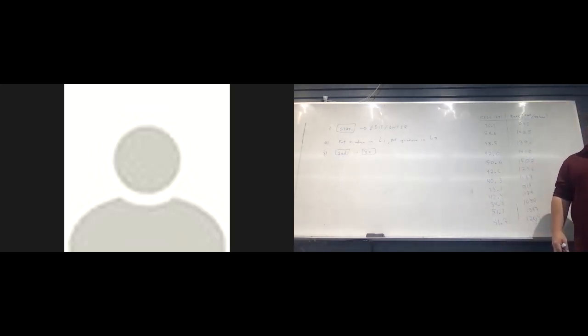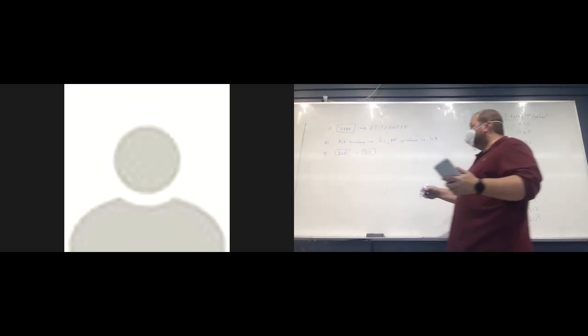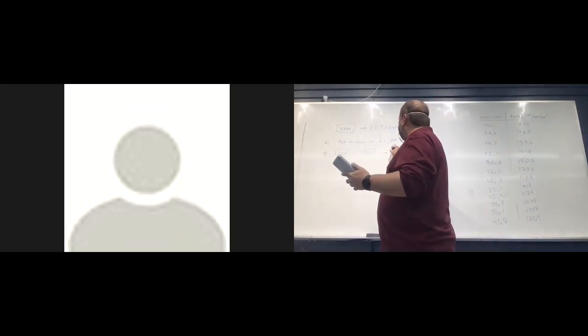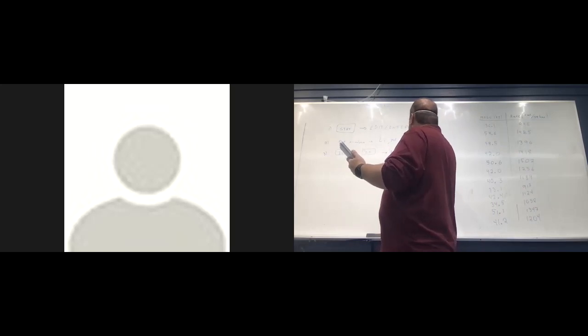We want to do a stat plot. So second Y equals. The very first one, did it say plots off or plot on? Most of them should say off. You have to turn that on. So enter, highlight on, then enter.